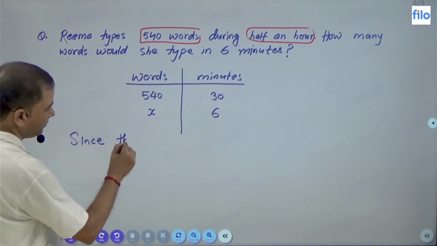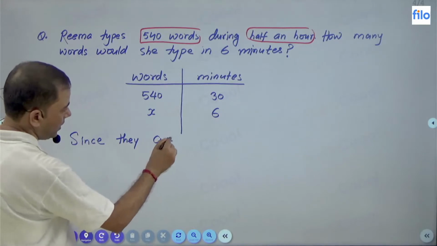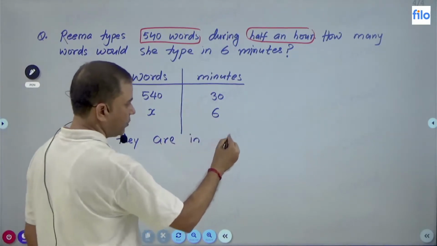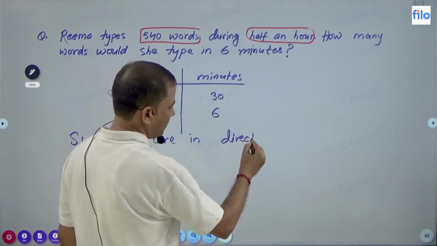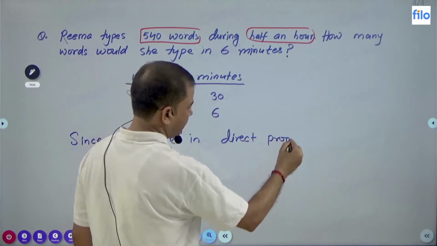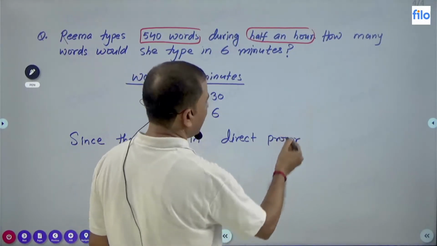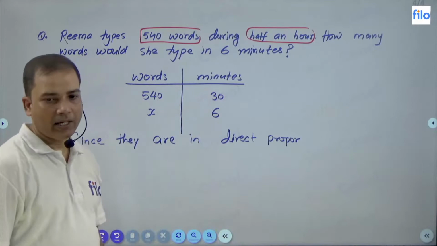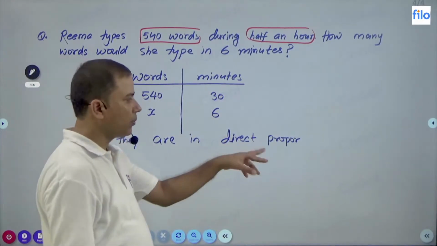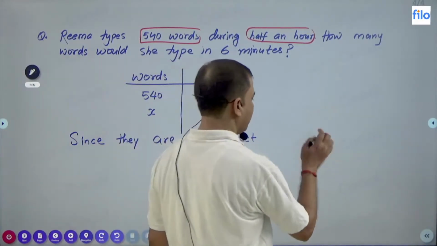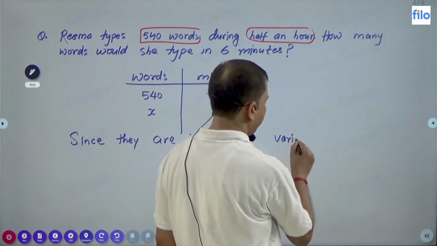Since they are in direct proportion. Proportion also is named as variation. Direct proportion or direct variation, that's the same thing.